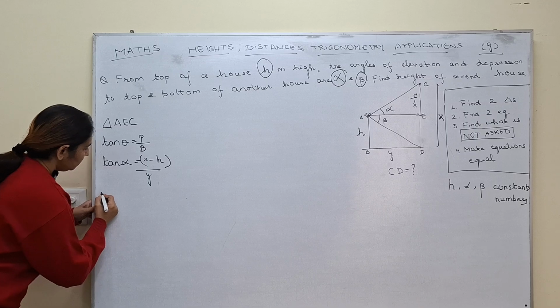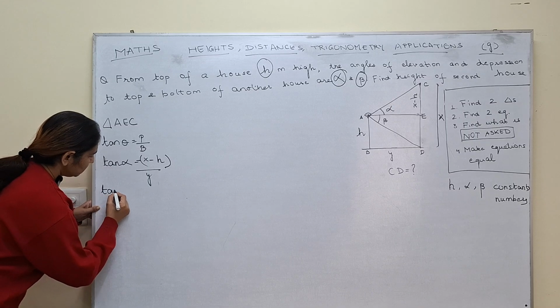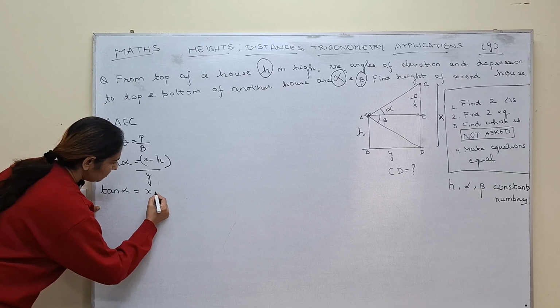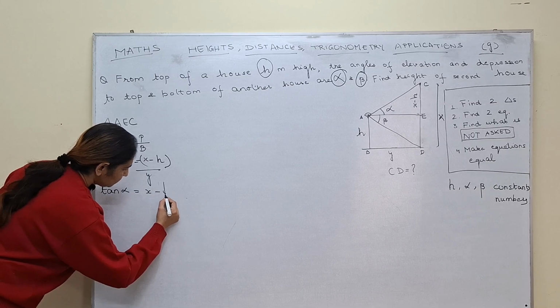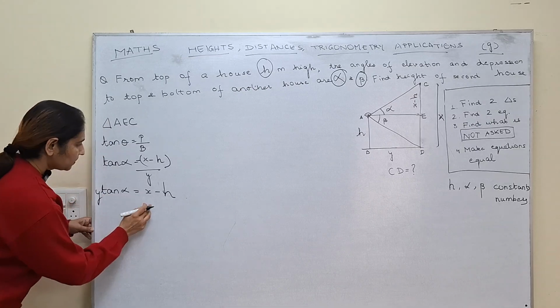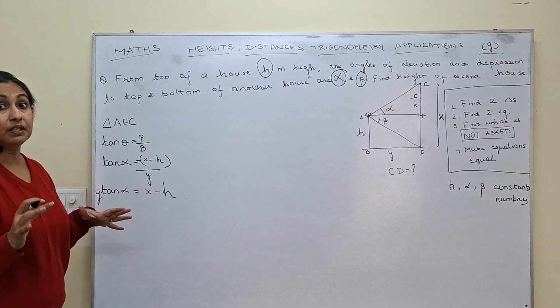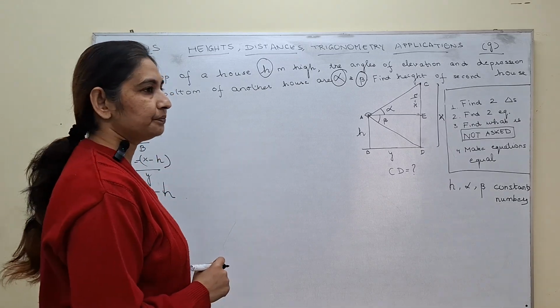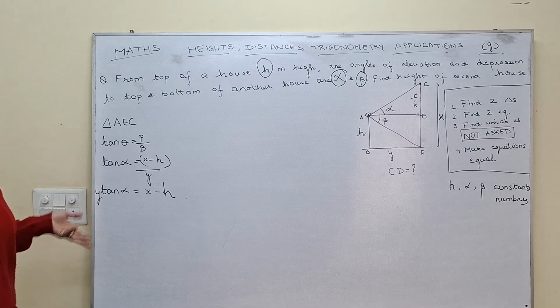As usual, we try to make it a non-fractional equation. That should be our purpose. We're trying to find what we don't need. What do we need? We need x. So what will we find? y.